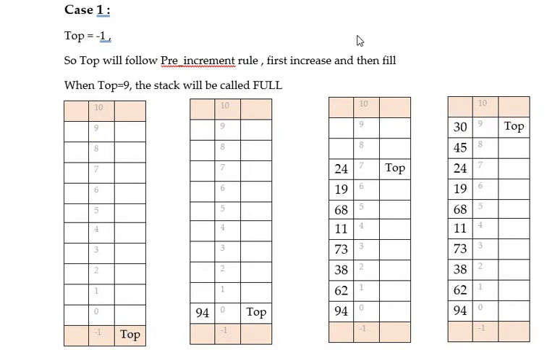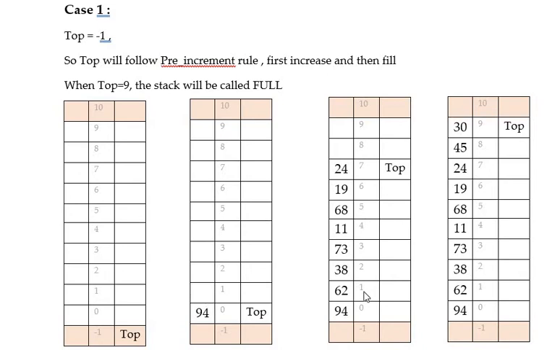That means first increase the variable top and then fill the cell. In this way, if I break it up, it will show increase top and then fill. It will then tell you, okay, now one element is there because top is at a valid cell number. If one more entry has to be done, first increase top and then fill it.